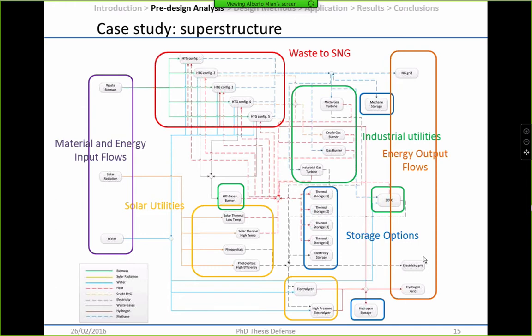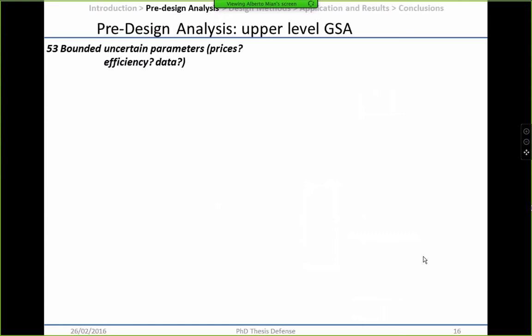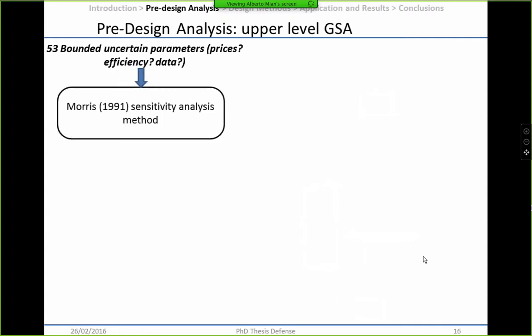The only thing that was fixed in this problem was the amount of biomass we have here. And based on this, the problem is, okay, what is the path that we have to follow in order to be more profitable, to be more efficient? I more or less tried to estimate what the uncertain parameters of this problem are, and I started with 53 uncertain parameters, which are linked with prices, efficiency, and data of the solar radiation we can get.